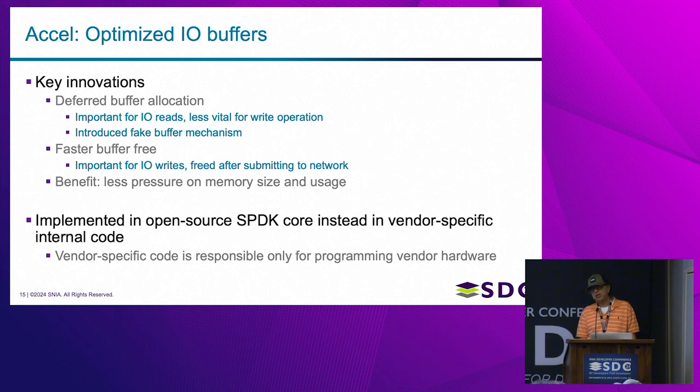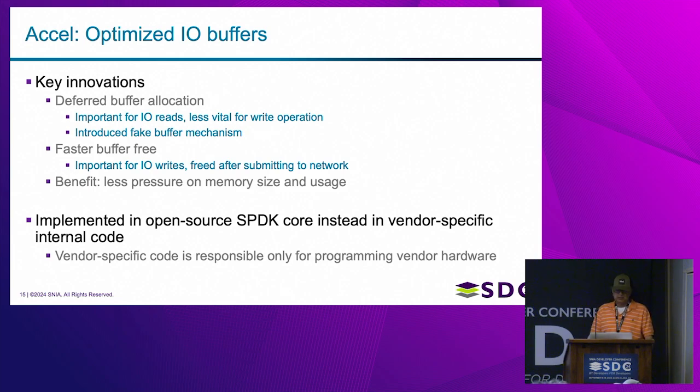We introduced the concept of something like a fake buffer, which is a placeholder buffer until the actual buffers are allocated later. Our innovations also result in faster buffer freeing, which is very important for I/O writes. They are freed after submitting to the network.